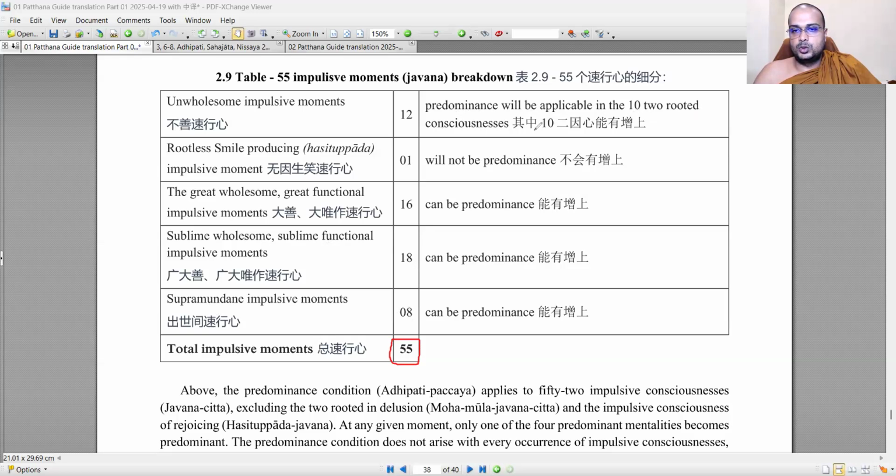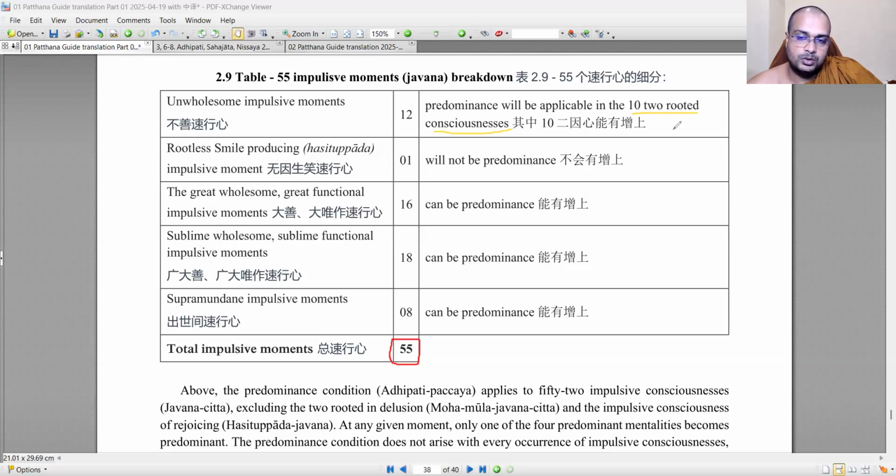Only the 10 two-rooted consciousness will have the predominance condition, right? So wherever these 10 two-rooted consciousness are there, this predominance condition will be applicable, which means that the cittas associated with delusion, the mohamula citta, even though they are javana cittas, impulsive moments, do not have the predominance condition, right? That's one thing we need to know, because these mohamula cittas are not very strong, as they are only supported by one type of root, which is moha. In all the other unwholesome consciousness, there are at least 2 roots.